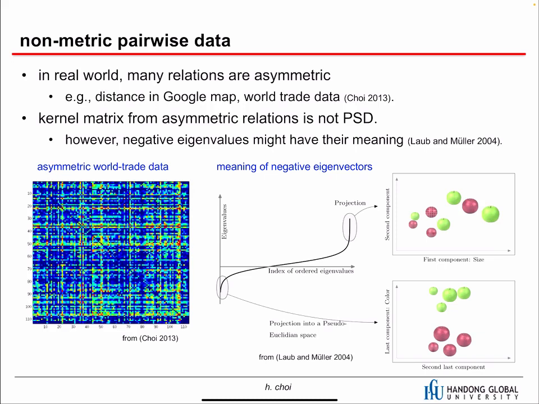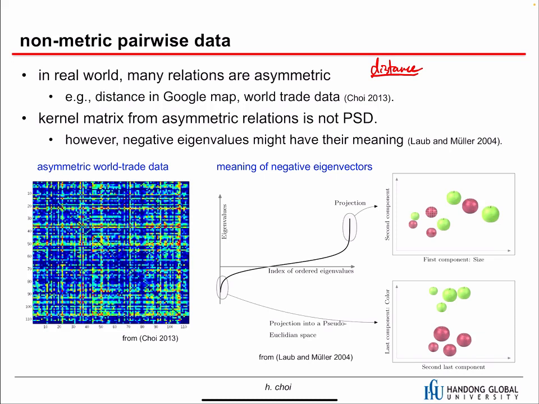So it's basically the same thing. The distance should be mathematically a metric. To be a mathematical distance, there are three conditions. And if it is a mathematical distance, then the inner product derived from this distance should be positive semi-definite.